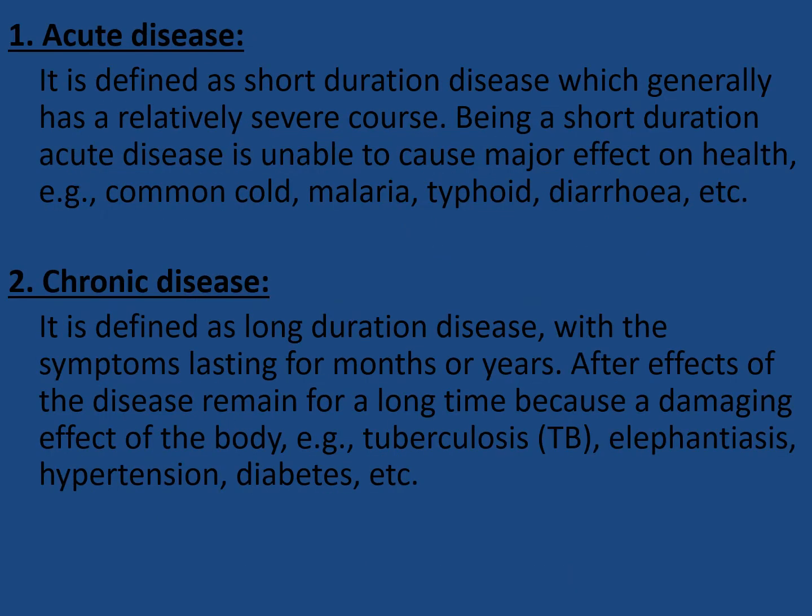We are going to study the acute disease. This acute disease is very simple, we can say it is a short duration disease. Now look here, it is defined as a short duration disease which generally has a relatively severe course. Being of short duration, acute disease is unable to cause a major effect on health.